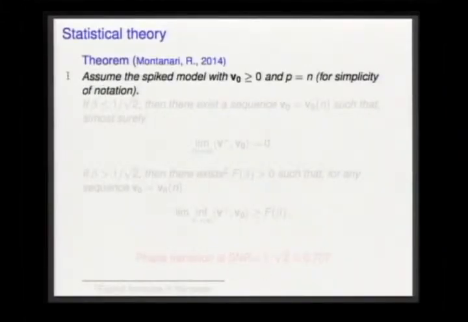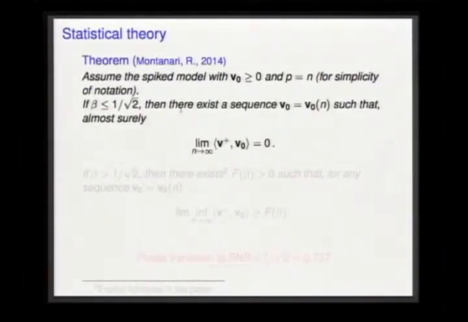So the theorem we have about this is that if beta is smaller than 1 over square root of n, you can find a sequence such that the inner product of the non-negative principal component with V0 asymptotically goes to 0.